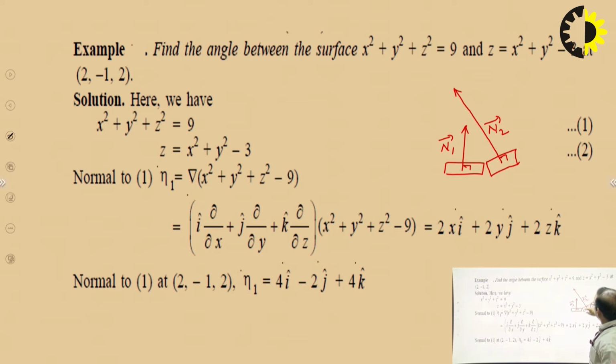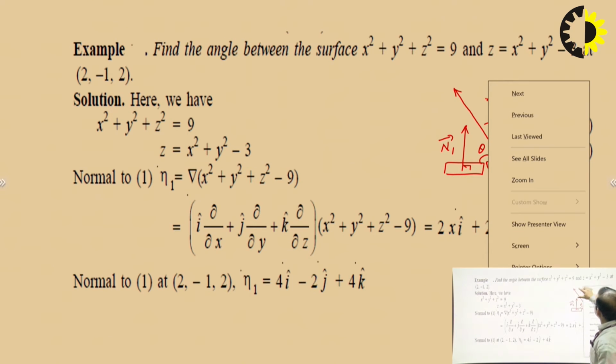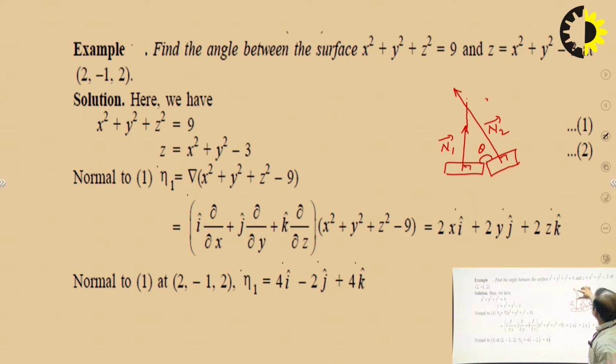If you want to determine this angle theta, then the same angle will be here at this point. This n1 and n2 can be determined by the gradient of these surfaces' expressions.